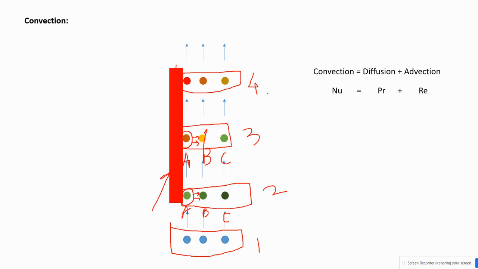Suppose the particle of the third layer is moving up to the fourth layer. At that time the particle of the second layer fills the position of the third layer. As a result, there is a continuous movement of the heat that is transferred from the red hot wall to the particles.